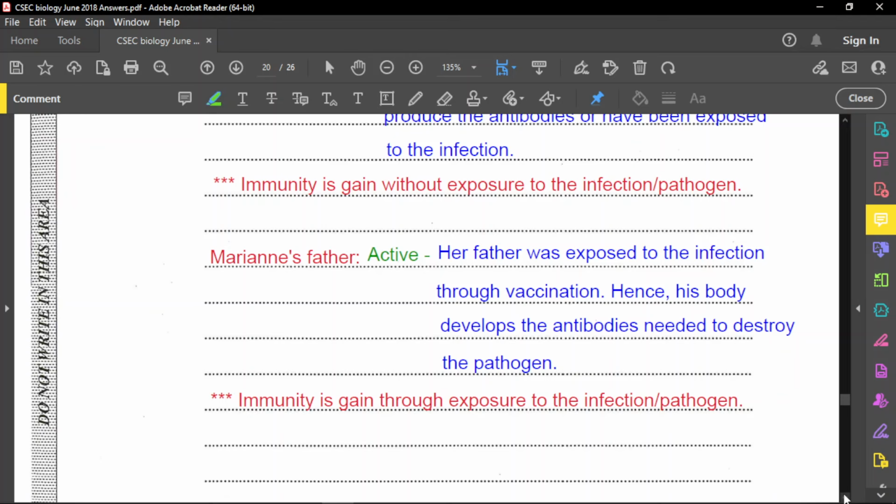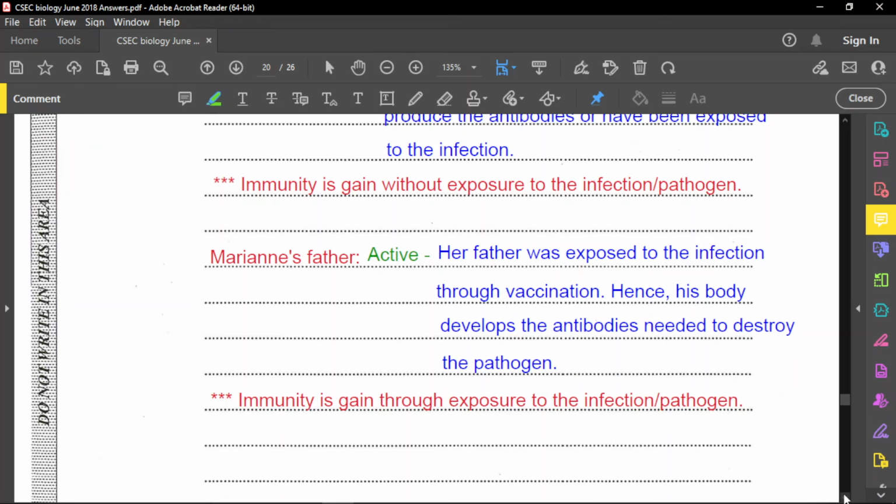And so for Marian's father, his immunity will be considered active, and the father was exposed to infection through vaccination, because vaccination is an introduction of the pathogen or an inactive form of the pathogen. Of course, now they're making different types of vaccine with RNA and so on, or protein based, which is a little bit different.